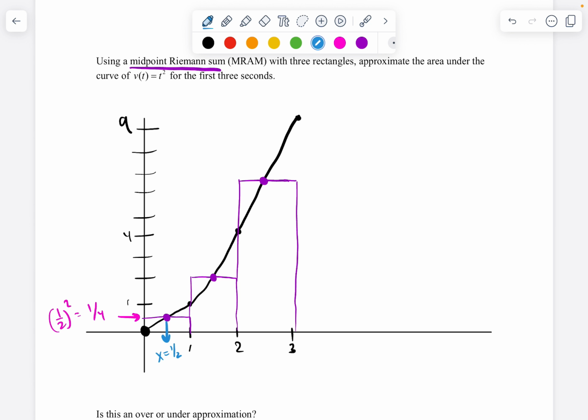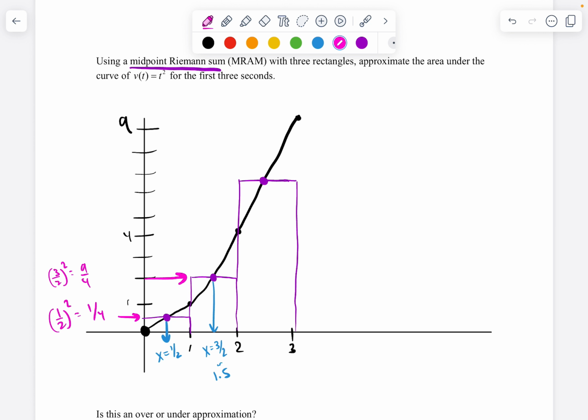Over here, this x value is 3/2, or you could think 1.5. So the y value for that, again, it's not perfect, so don't say it's 2. The y value of 3/2 squared is 9/4, right?